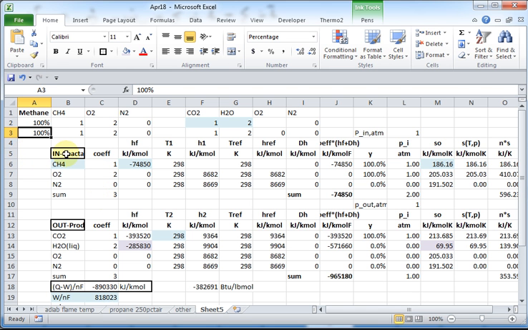Now, coming in, we have methane, and I have to get the enthalpy of formation and S naught out of the tables for that methane. With the enthalpy of formation and the oxygen and everything, I can get the sum over all of the reactants of the coefficient times the enthalpy of formation.